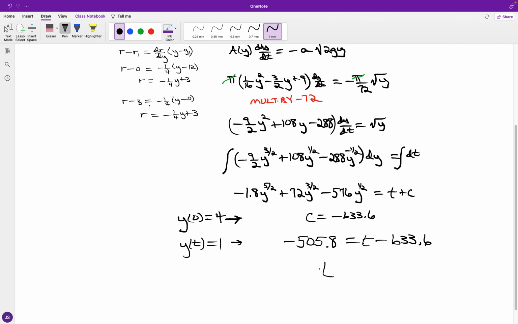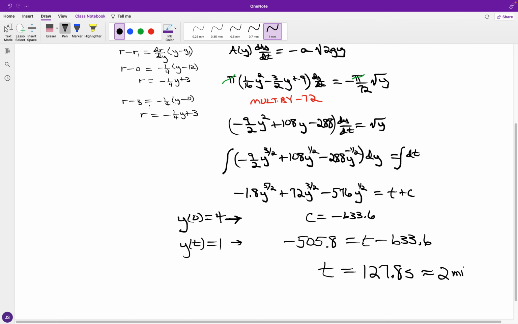And if I isolate t, in this particular case, we're going to have the result end up at 127.8 seconds. And so this will end up being about 2 minutes and 8 seconds.